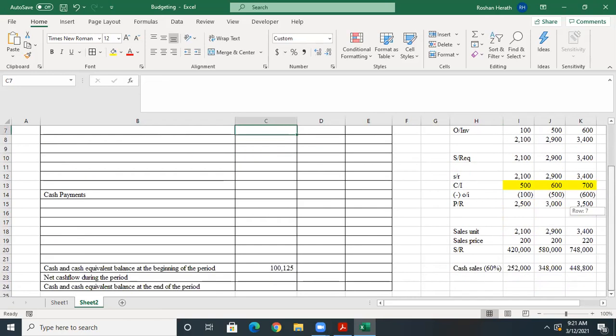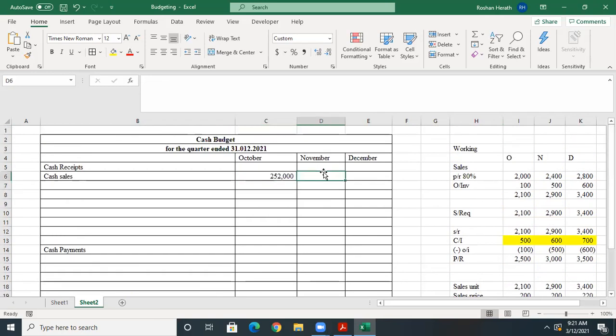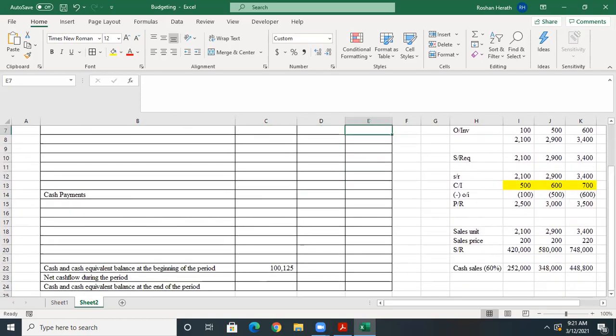Then you have 348,000, 448,800. Right. The cash sales. Then how about credit sales?